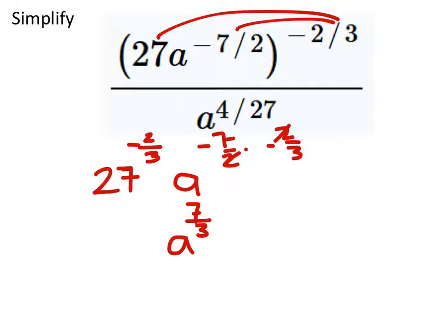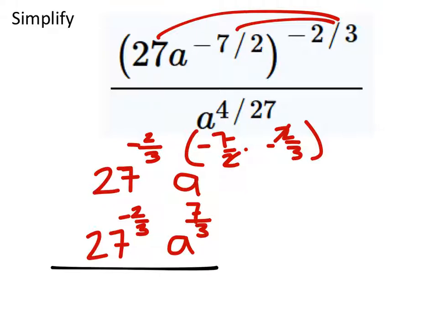That's positive now because we had 2 negatives multiplied by each other. That multiplication part for that exponent, you can plug that into the calculator and it should give you that 7/3. So now I've got 27 to the power of negative 2/3 times a to the power of 7/3, and this is over a to the power of 4/27.